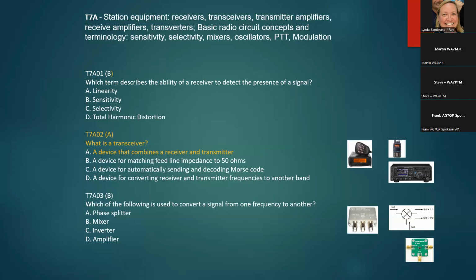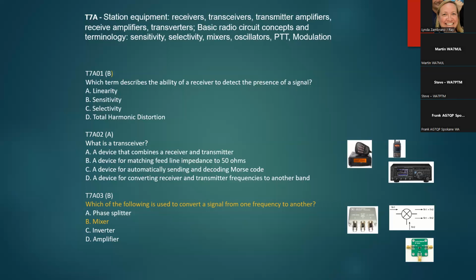Question A3, which of the following is used to convert a signal from one frequency to another? The answer to that is a mixer. And what that does is it mixes one signal with another signal to convert.